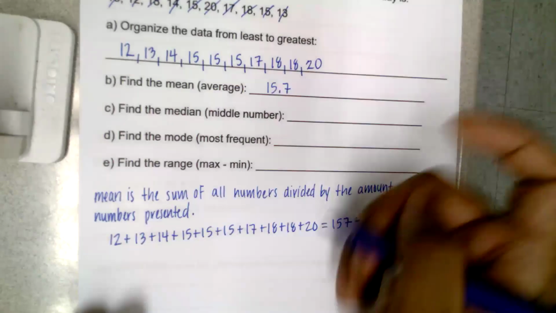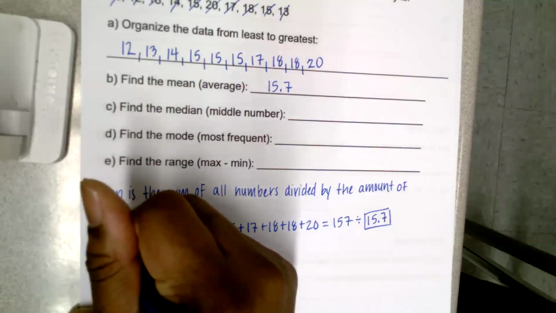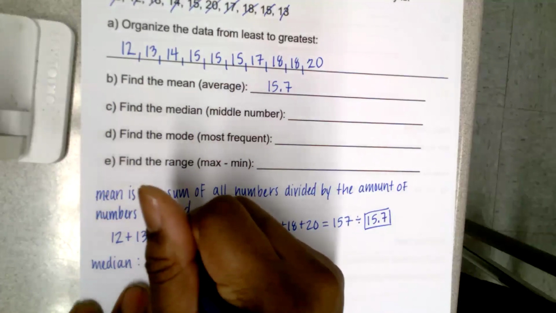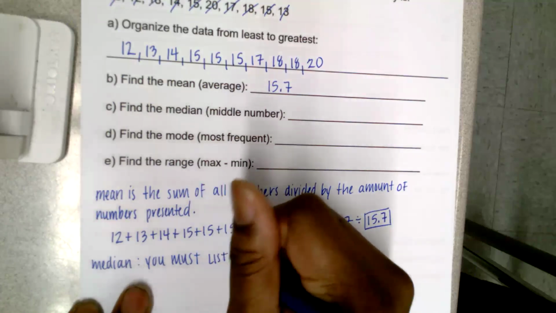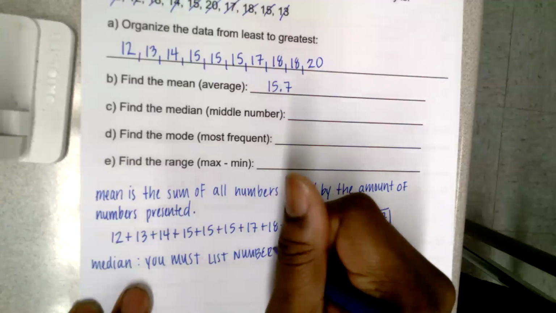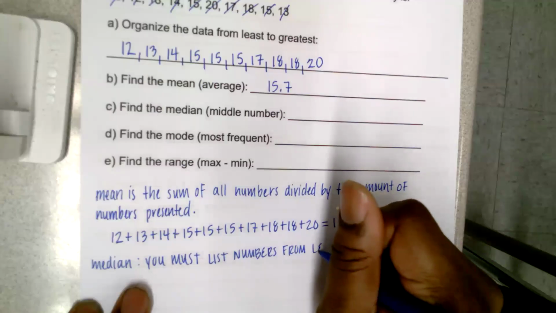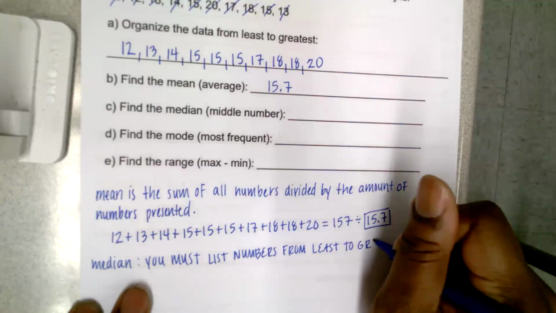Now, when finding the median, you must, this is important, list numbers from least to greatest.